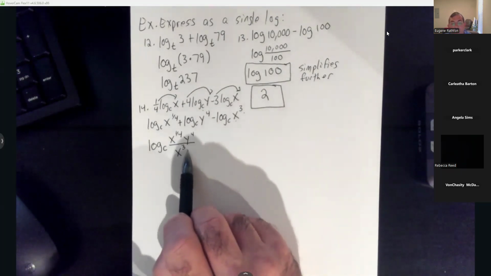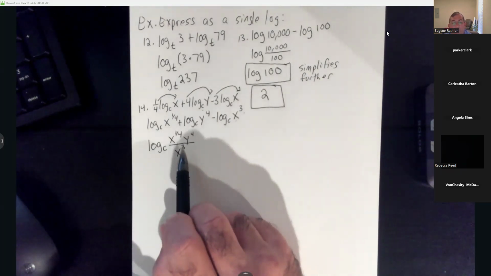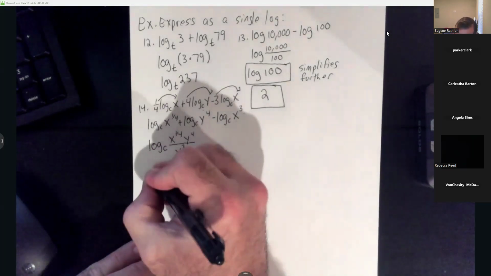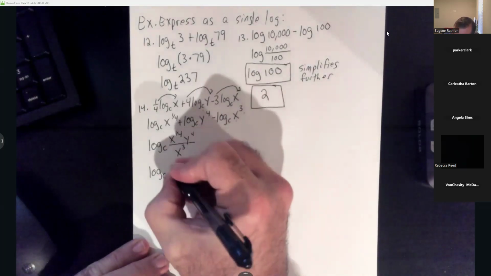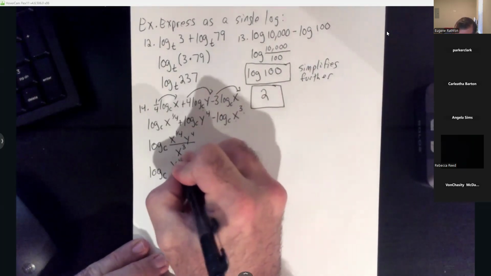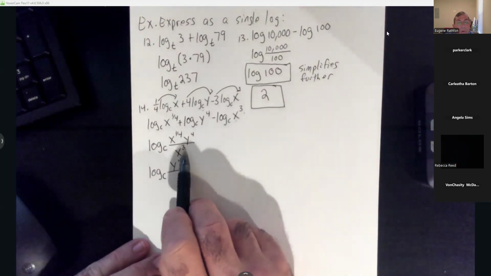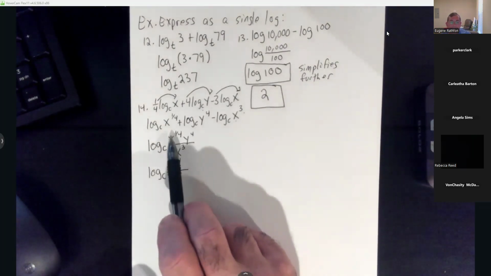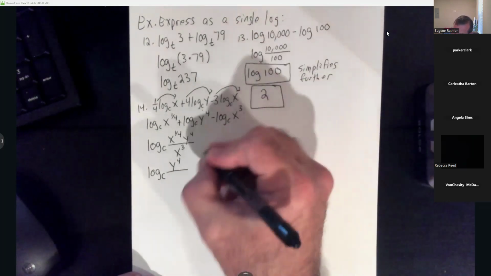So since the 3 is larger in the bottom, we will subtract 1/4 from 3, and that'll give me the exponent I need on the x's. So I'm going to bring out my log base C. So the y to the 4th will stay on top. And then, like I said, since the exponent is bigger on the bottom, what we got to figure out is what 3 minus 1/4 equals.